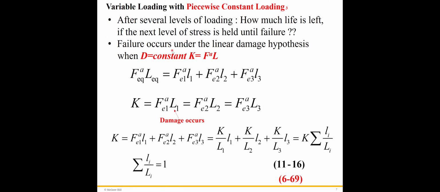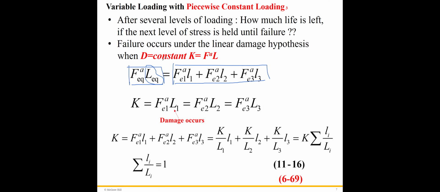Failure occurs under the linear damage hypothesis when D, the damage, equals a constant K equal to F to the power of a times L. As I mentioned previously, the equilibrium load to the power of a times the equilibrium life equals this term.